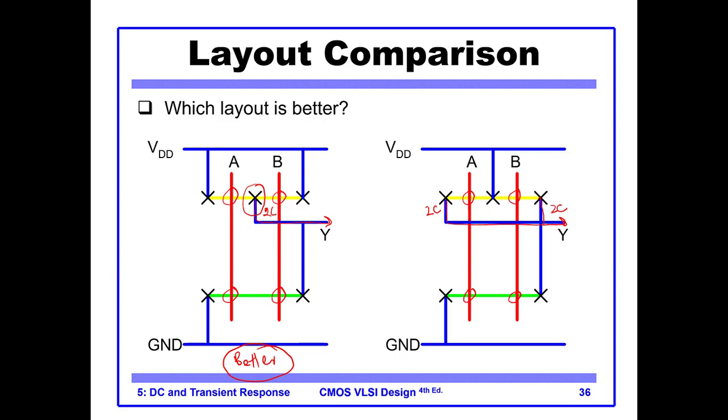Okay, so this brings me to the conclusion of this lecture. This lecture is very important in terms of how we can plug in the RC model. Before plugging in the RC model, we need to size the transistors.